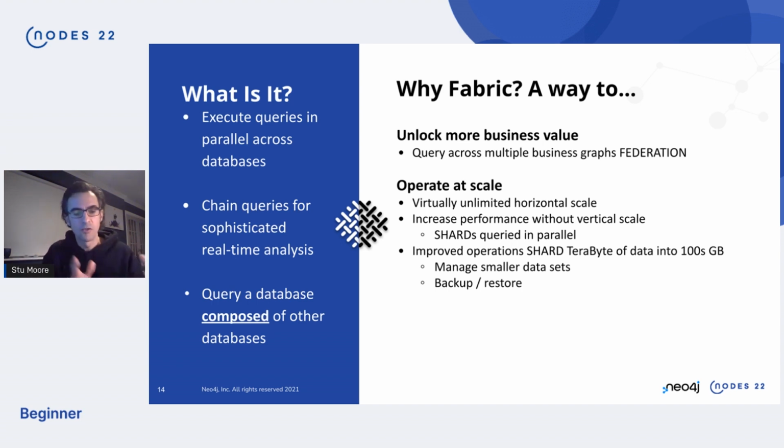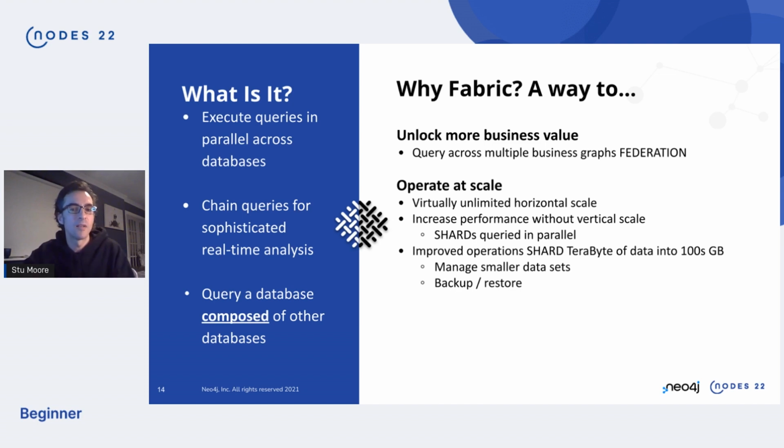And there are two key use cases for Fabric. The first is federation, where you're taking several databases, all with different schemas, and you're trying to aggregate the value of each of those databases and bring it up and answer other questions within your business.